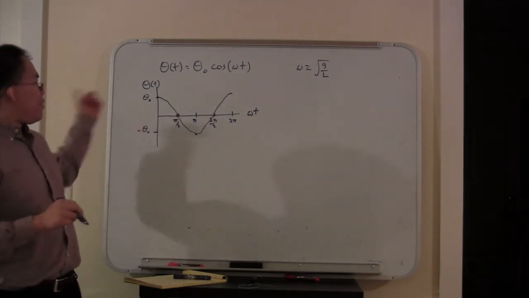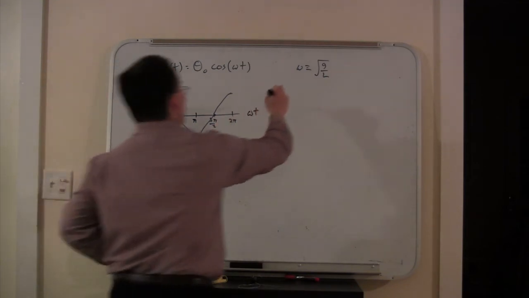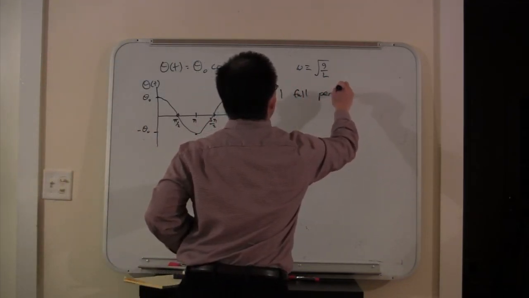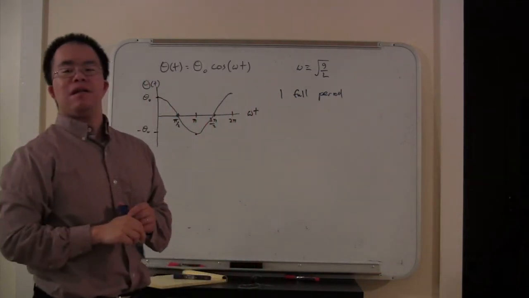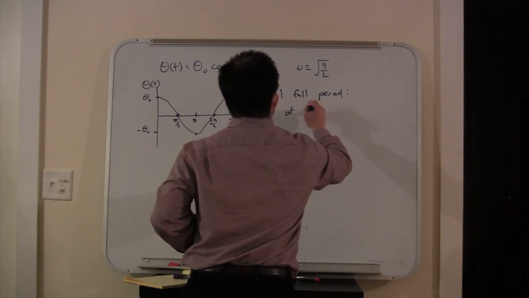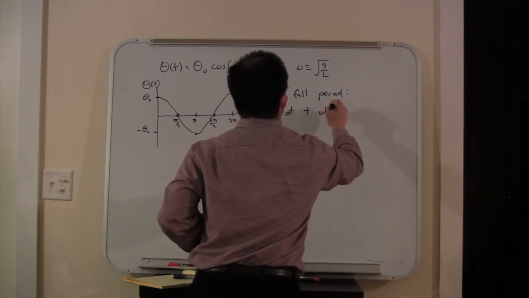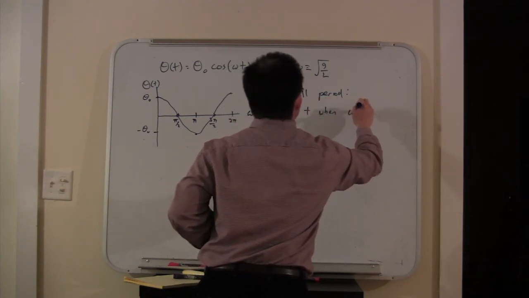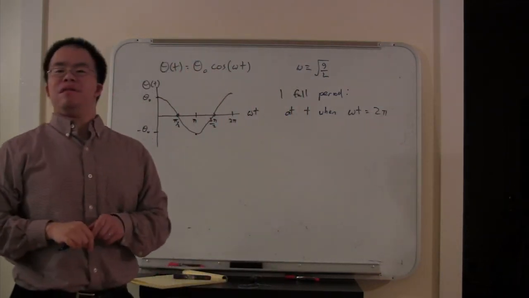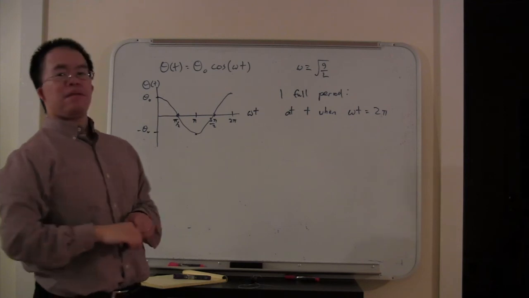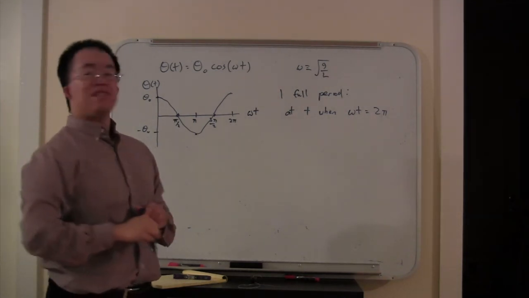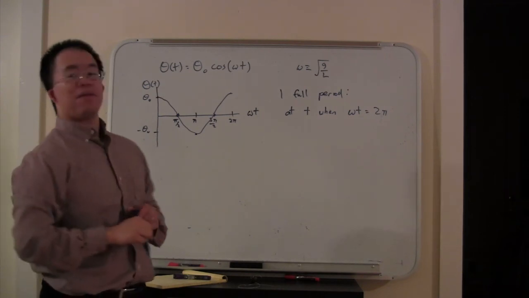In that one full period happens, so it's a time at t when omega t equals 2 pi radians. So this now lets us determine what the period is.